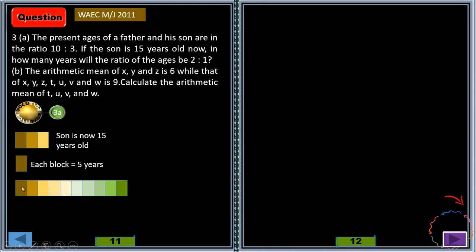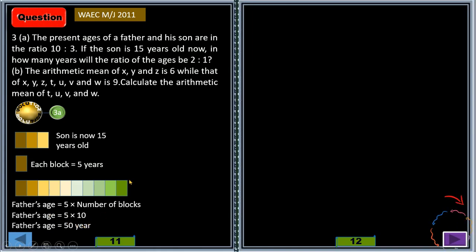Now the father will have 10 blocks. If 1 block is 5 years, then 10 blocks will be 5 times 10, so the father's age will be 50 years.